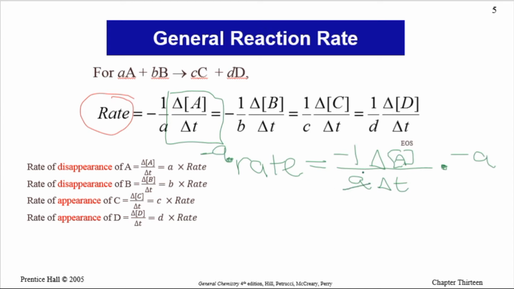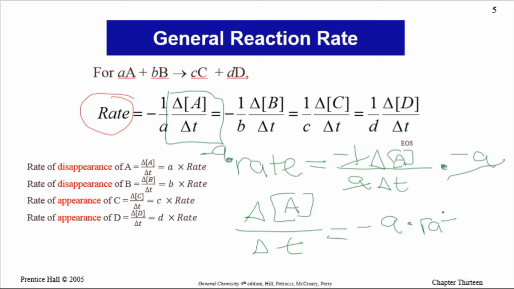So the negative a cancels out, and what you're left with is just the change of A over the change in time. Right? So we get negative a times the overall rate of the reaction. So that's what I mean when I wrote all of these out right here.